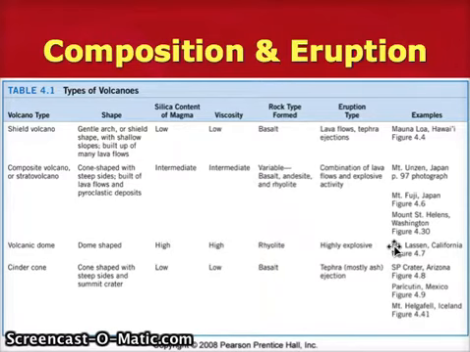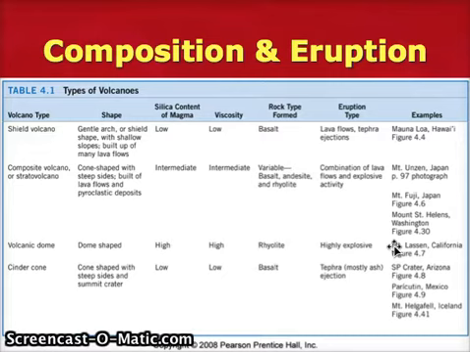The other two types of volcanoes listed here, the volcanic dome is what you find when you have this really sticky rhyolitic lava. And what happens is it's so sticky it kind of pushes up out of the ground and makes a giant lava bubble that's solid on the outside, and it just gets bigger and bigger and kind of domes up.